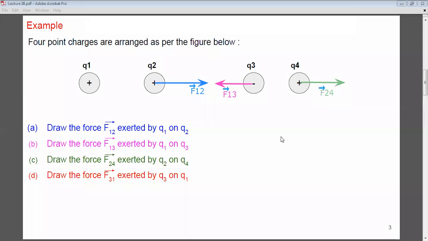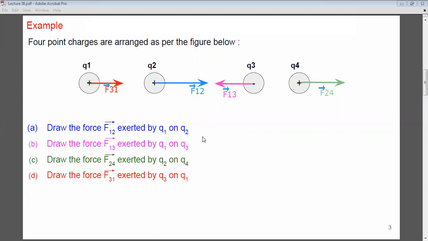Okay. Finally, draw the force F31 exerted by Q3 on Q1. So Q3 is negative, Q1 is positive, so it will attract it. So it will attract it by the force F31, which is in this direction.